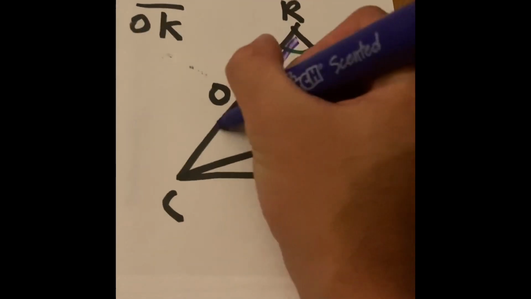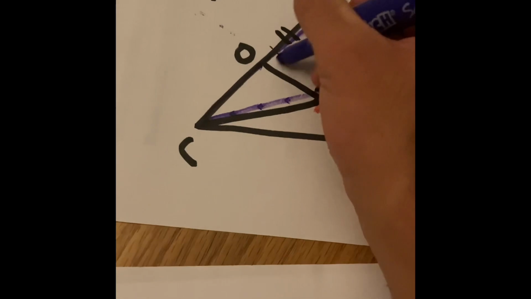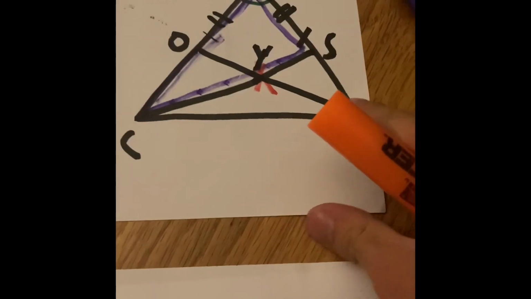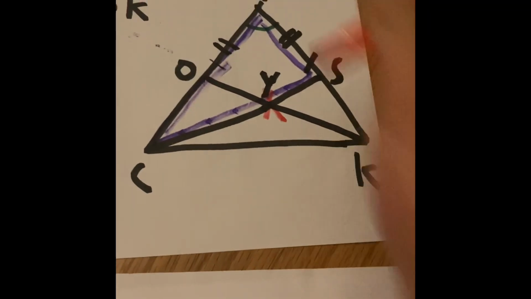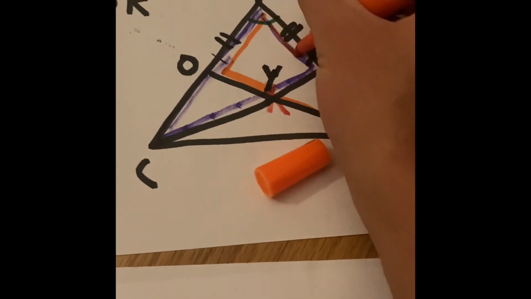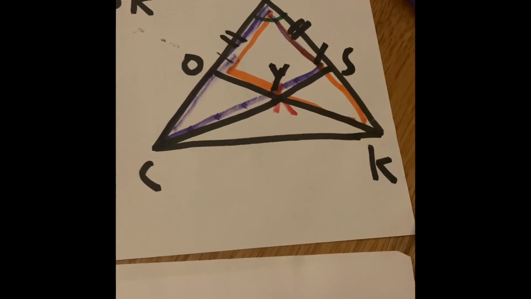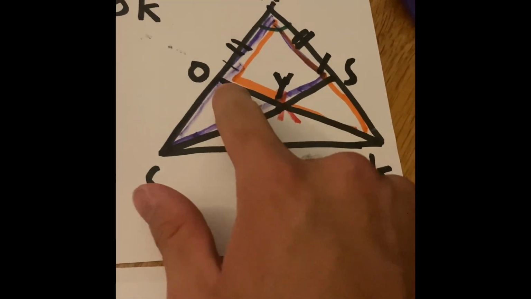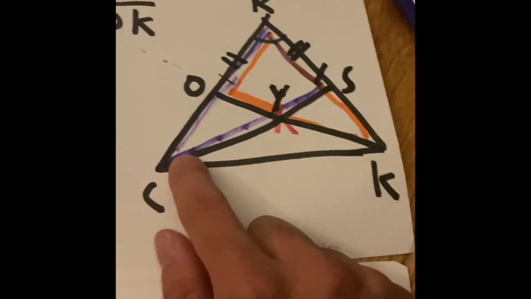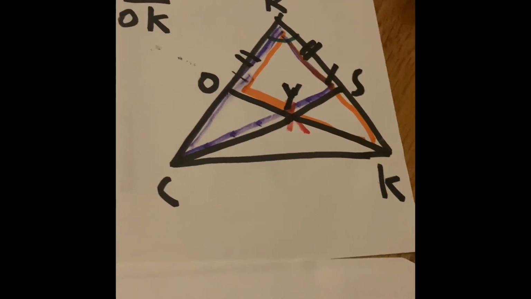We can see that RCS is a triangle using angle R, and we could also see that triangle ROK can be using the same angle R. So we've got to find a way that those two triangles are congruent, because the segments we're trying to prove are part of those two hypothetical congruent triangles.